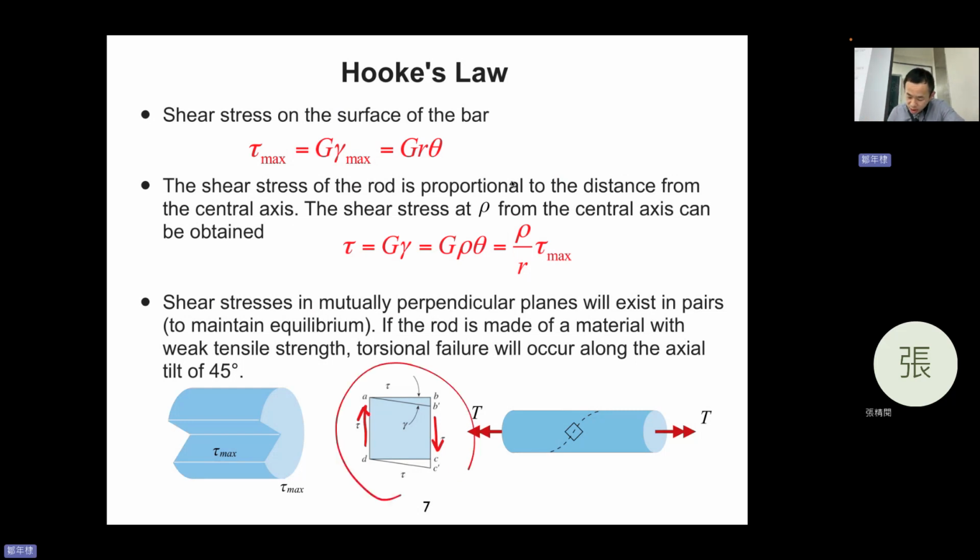And because this is a rotation like that, you will have a rotation like this one. So you will see that it will happen simultaneously, 2 pairs.